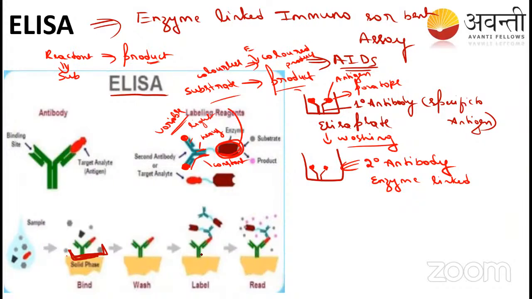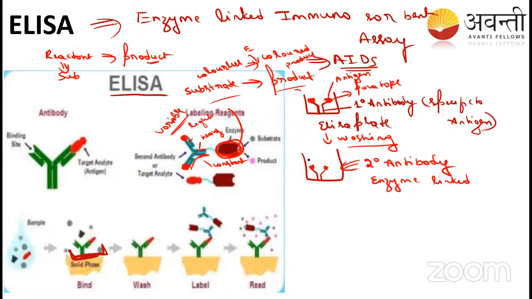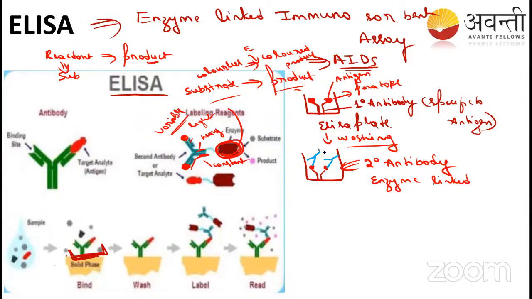Okay. So see here. Now, this secondary antibody was added, right? We will give the secondary antibody blue color. Where will it come and bind? The secondary antibody will come and bind to the antigen. The secondary antibody has the enzyme linked to it, right?